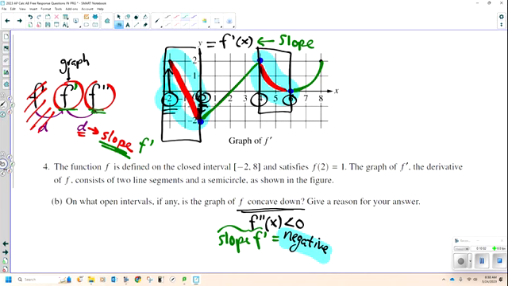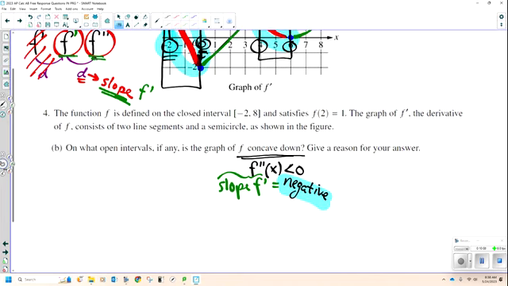That's all I have to write, and then give a reason. So I'm going to say from -2 to 0 and from 4 to 6.